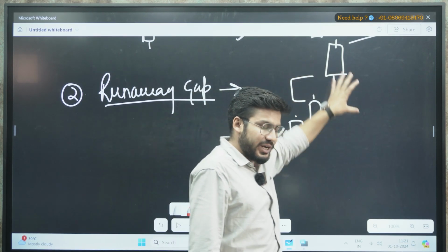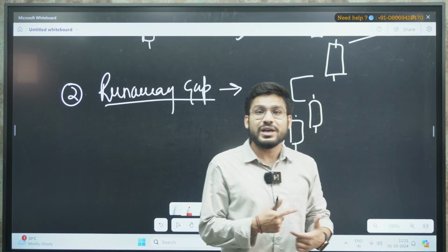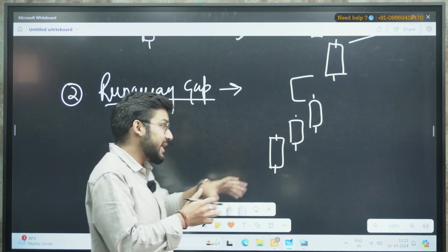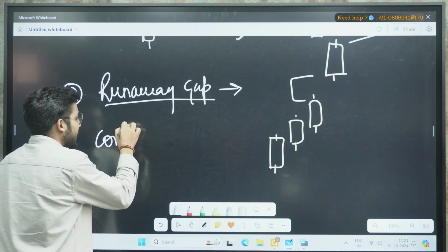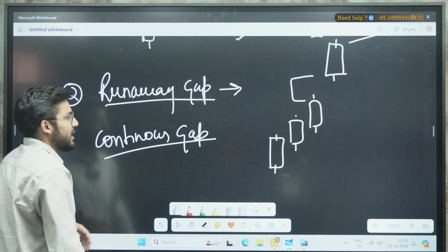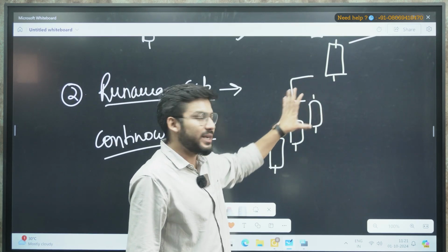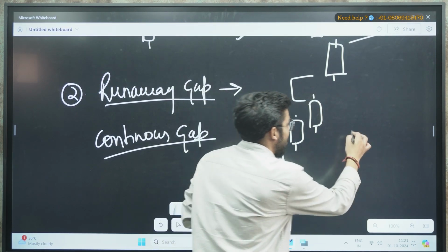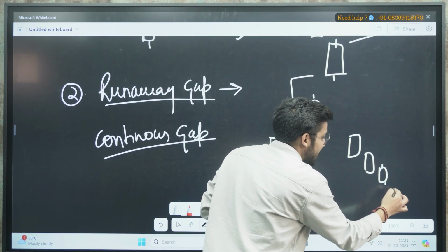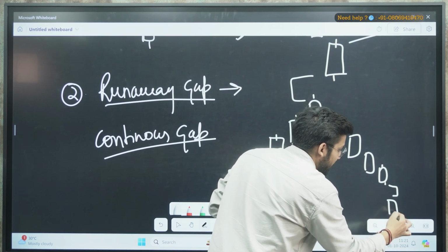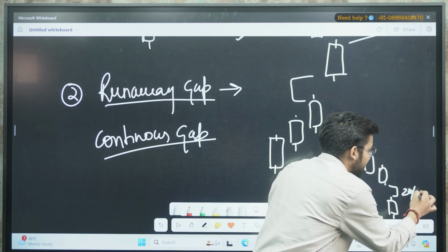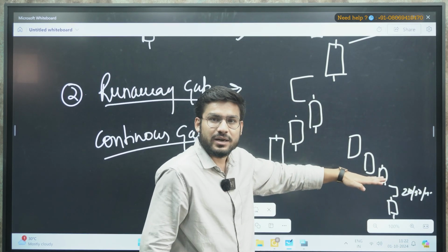Now how can you trade with the runaway gap? The runaway gap shows you strong sentiment in the market in the continuing direction, and that is why it is also known as the continuous gap. If there is a trending market, on the bullish side or on the bearish side like this, then after some time suddenly there is a gap down, and your next candle opened 20, 30, 40 points below the current market.